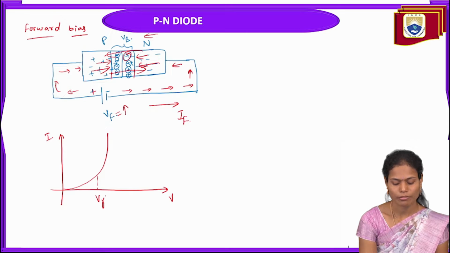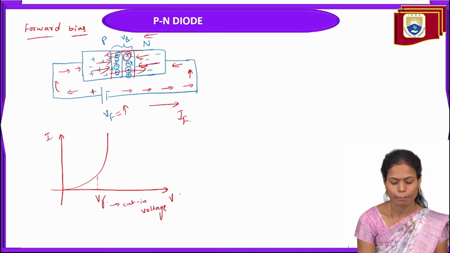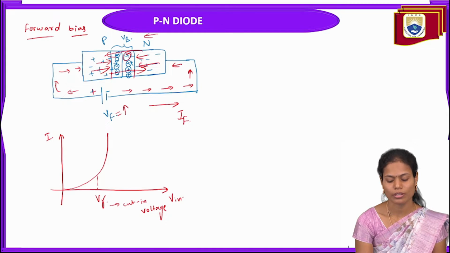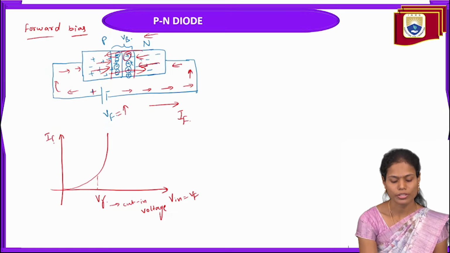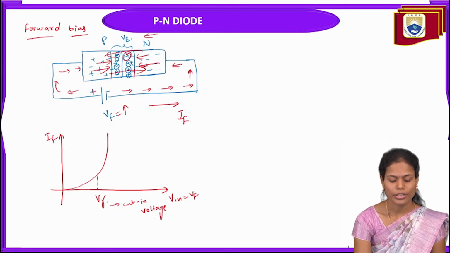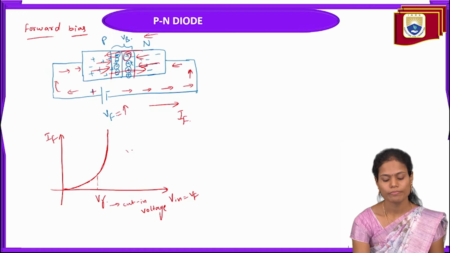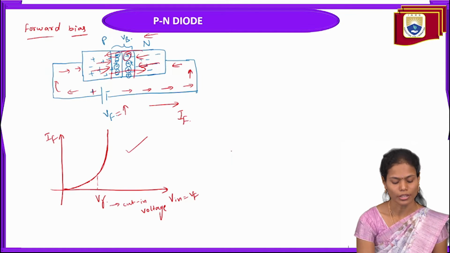This is nothing but V gamma, the cut-in voltage. Once the applied forward voltage is greater than this cut-in voltage, there is a sudden rise in the current. Till that time there is very little variation in the current and very little increment in the forward current. So these are the forward characteristics of the diode.